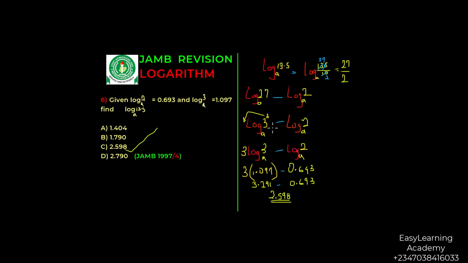So we look for the multiple of 3 that will give us 27, and that is 3 times 3 times 3. That will be log 3 raised to the power of 3 minus log 2 base a. Of course, this power comes to the front, and when we write it, we have 3 log 3 base a minus log 2 base a. Substituting the values that we were given, the 3 multiplies the value of log 3 base a, which becomes 3.291, and subtracting 0.693 from this, you're going to have 2.598. Option C was the correct option.